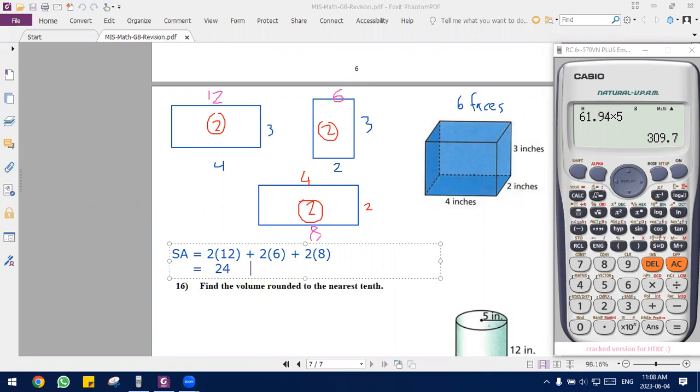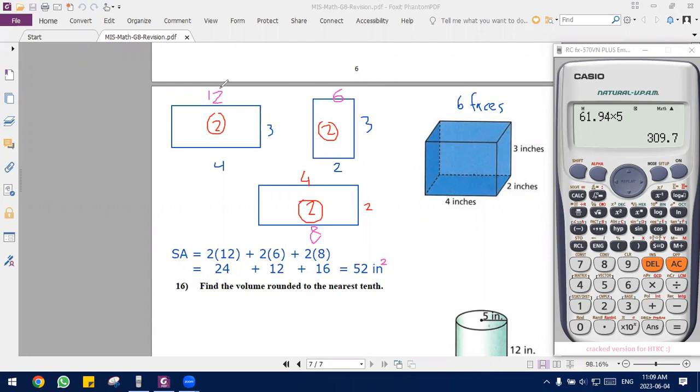That is 24 plus 12 plus 16. So 6 and 4, 10, and 2 we have 2, we carry 1, 1 and 1, 2, 3, 5. 52 inches. I am finding the surface area, so it should be inches squared.